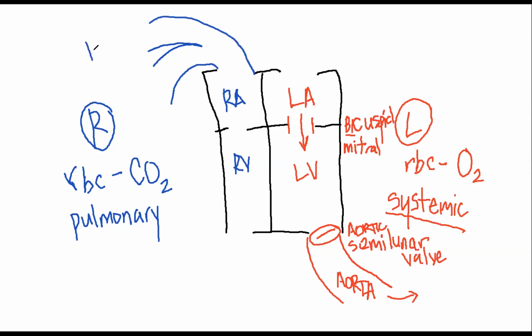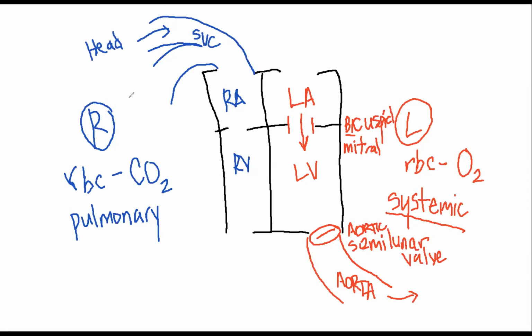Everything from your head goes through one tube called your superior vena cava. And that makes sense. Superior means up, right? Vena means vein, cava means a big cave, a big tube.